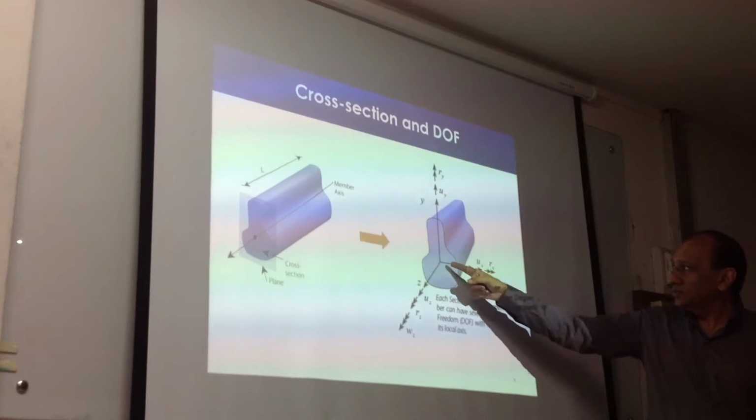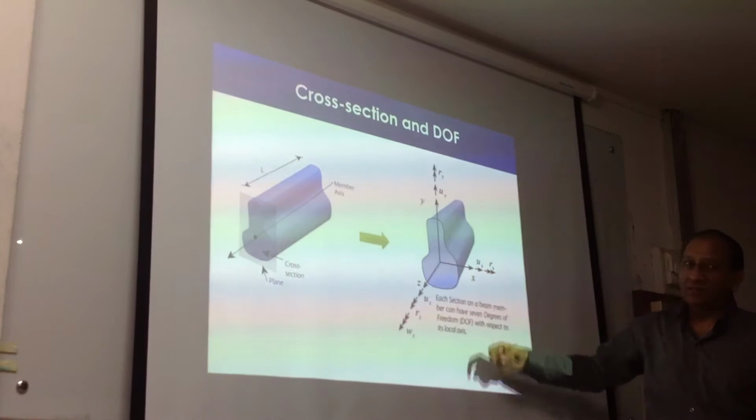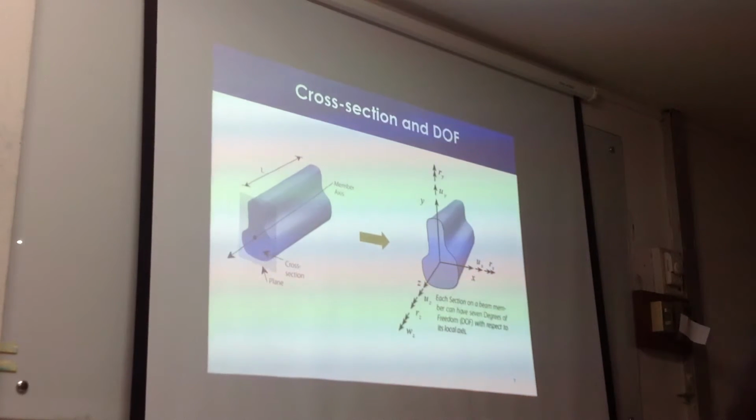For UX, which property of the cross section? Shear area in X direction. For UY, shear area in Y direction, which is not the same as cross-sectional area or the axial area. Different areas, okay?